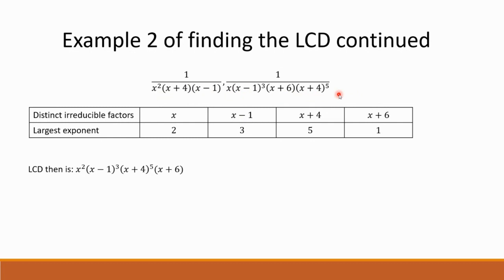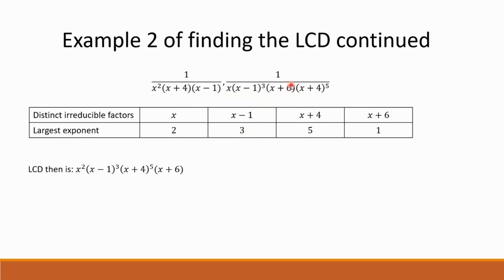Now, for the exponents, here we have x squared. We have x to the first. So 2 is the larger exponent. X plus 4, we have 1. Here we have 5. So 5 is the larger exponent. X minus 1, we have 1 and 3. 3 is the larger exponent.